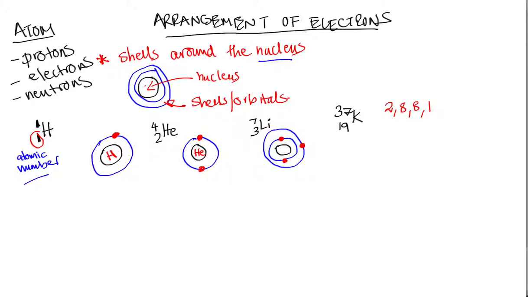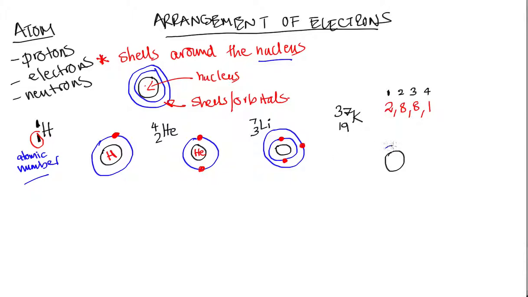Now it's important to know that the first shell takes a maximum of 2 electrons. The second shell 8, the third shell 8, and the remainder will go in the fourth shell. So if we were to draw the electronic structure for potassium, we get 1, 2, 3, 4 shells.